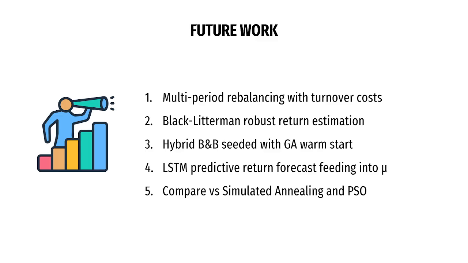Also, we are planning to work on a hybrid branch and bound and genetic algorithm approach, using the genetic algorithm to generate a strong warm start for branch and bound. This would give branch and bound a much better starting incumbent, tighten the bound from the beginning, and potentially close the 5% optimality gap we observe.